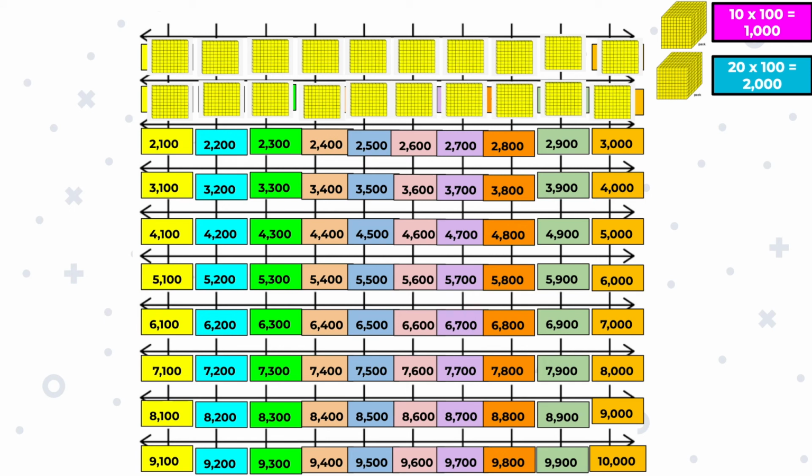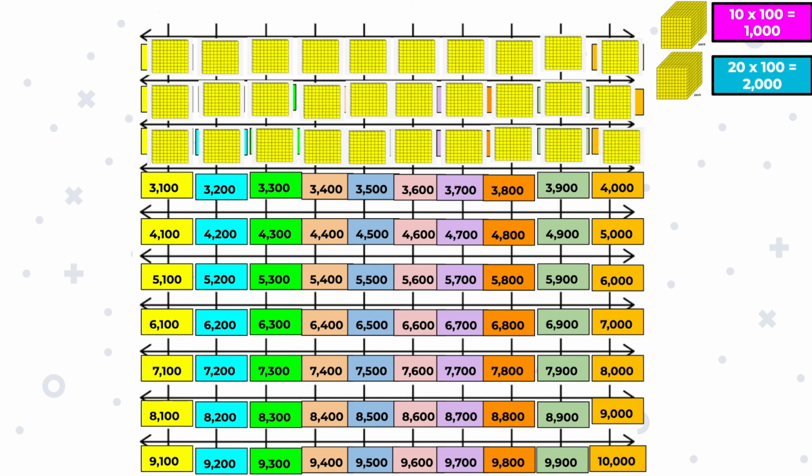Let's keep going with the 2,000 to 3,000. 21 hundreds blocks, 22, 23, 24, 25, 26, 27, 28, 29, 30 hundreds blocks. That gives us, you guessed it, another 1,000.